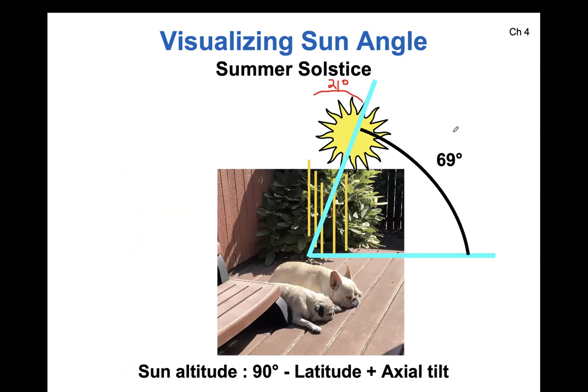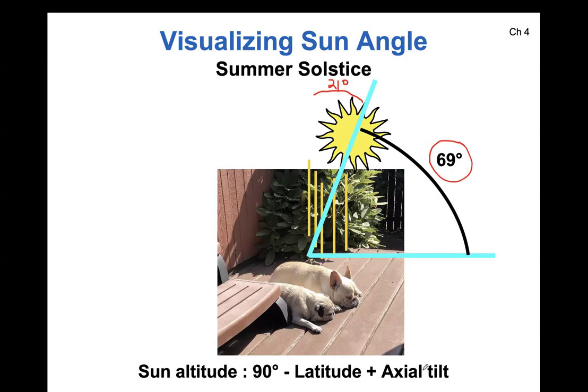Now this angle, the 69, is called the altitude. That is the official local sky term for locating any object in your sky relative to the horizon. The other one, which we briefly touched on, is called the azimuth, which is measured relative to due west. But we don't care about that right now. The sun's altitude is found by taking 90 degrees minus the latitude plus the axial tilt.